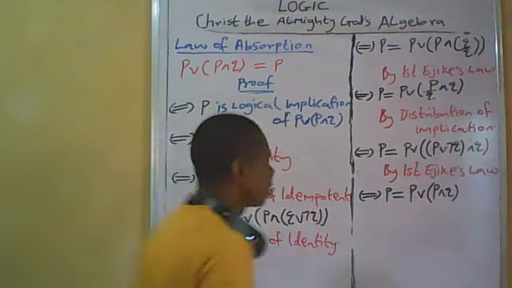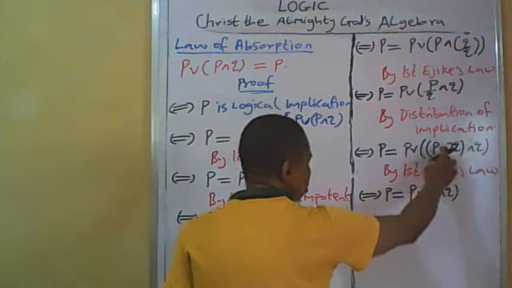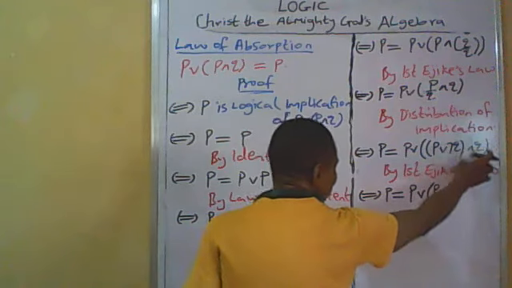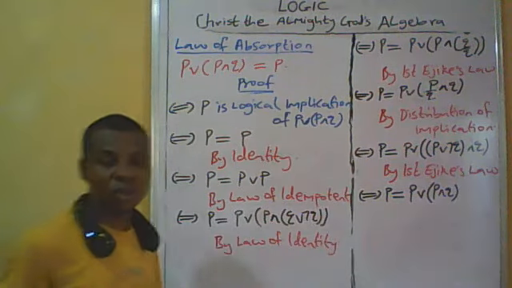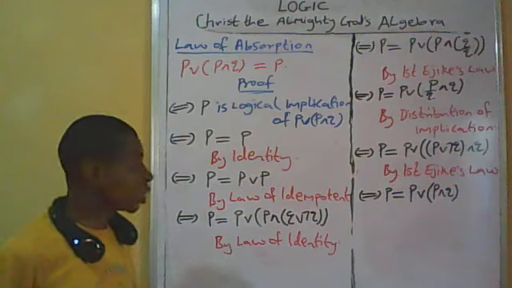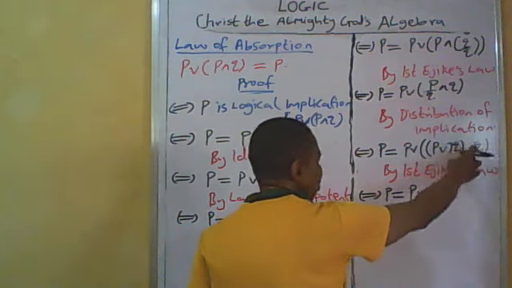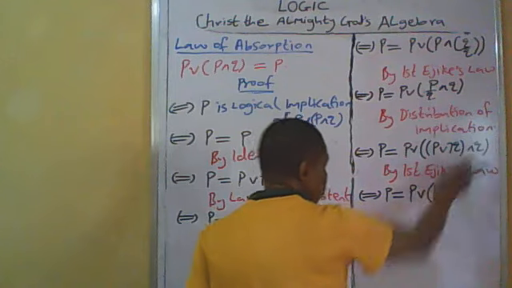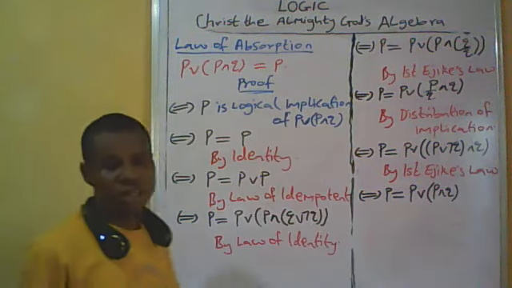You see that this P or (P or not Q and Q) has now been substituted with P and Q by second case law. By second case law, let this (P or not Q) and Q be replaced with (P and Q) by second case law.